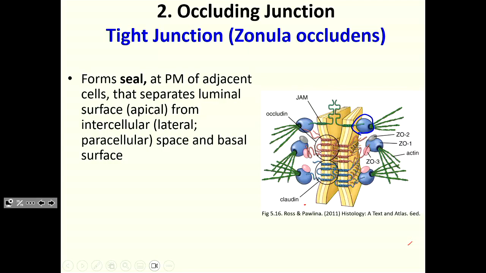So there's actually a bit of a space, even though a lot of the times we draw them sitting right on each other, there's space. And that space is referred to as the paracellular space. Para meaning close, about, basically a space in between two adjacent cells. So our tight junctions are always going to be found closest to the apical surface of these two adjacent cells, and they're going to seal the paracellular space.